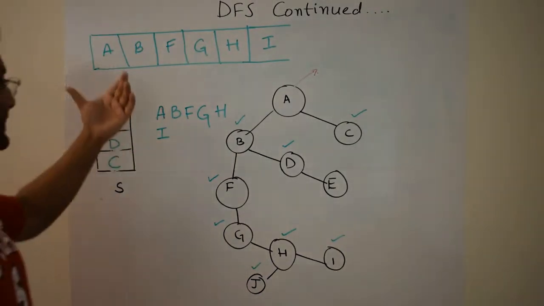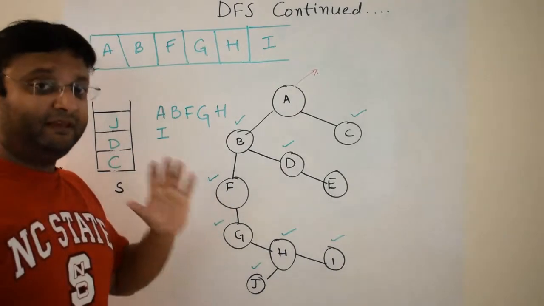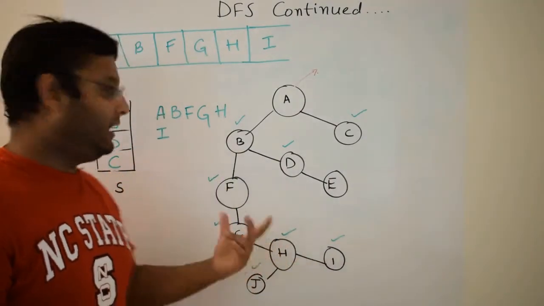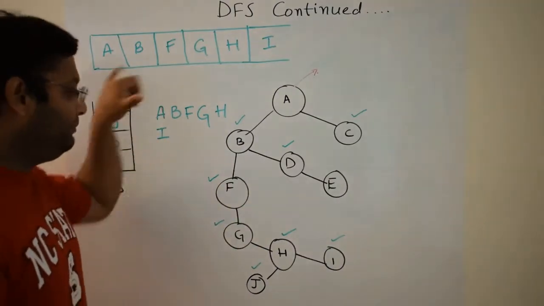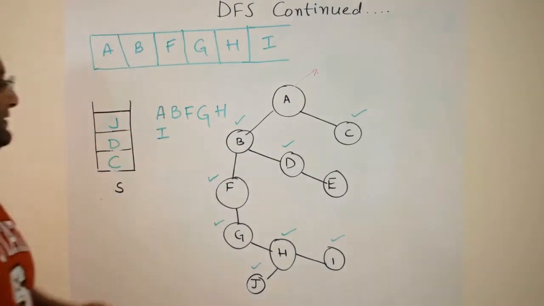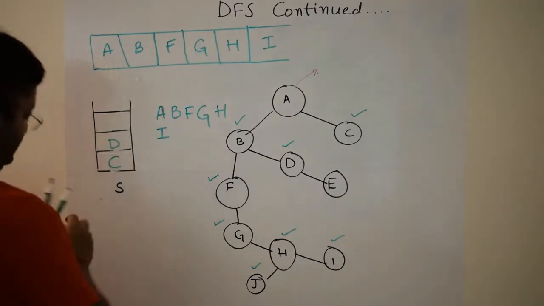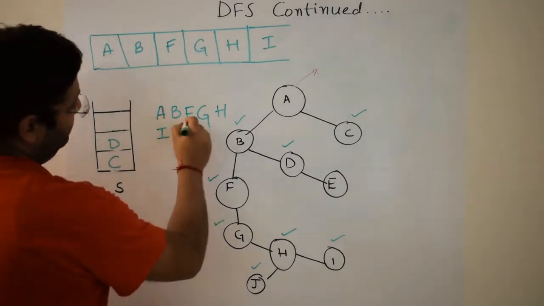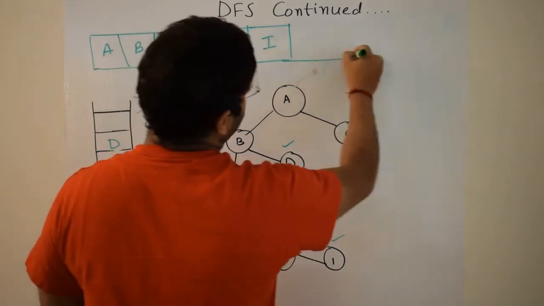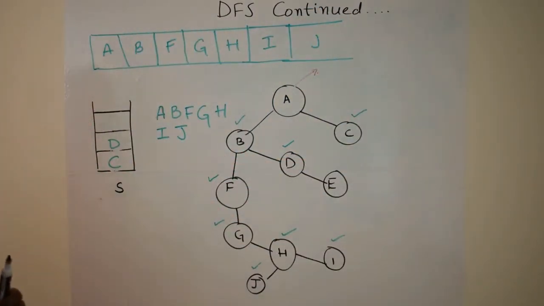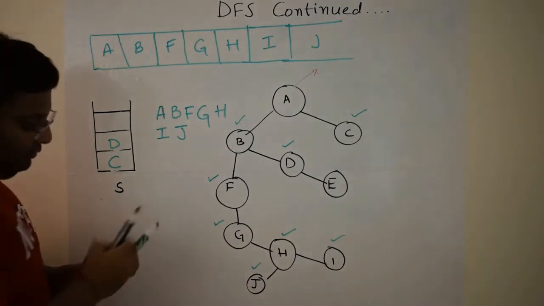The same logic is implemented by the stack. You popped out I. Now what's remaining in the stack? J. So you will pop out J, and mark J as visited. Correct?